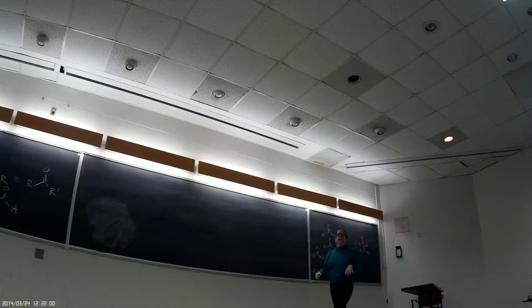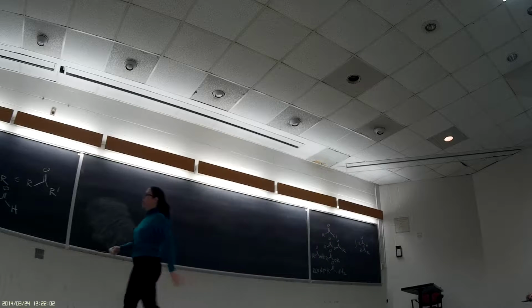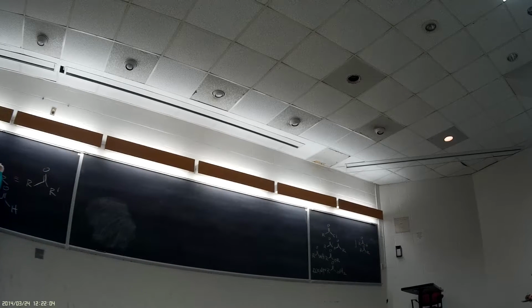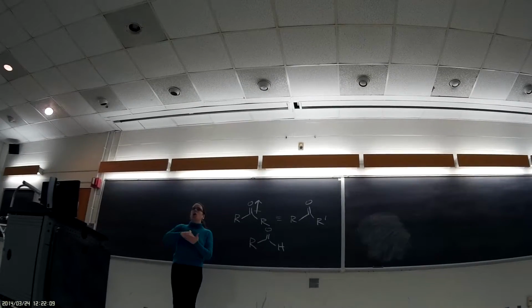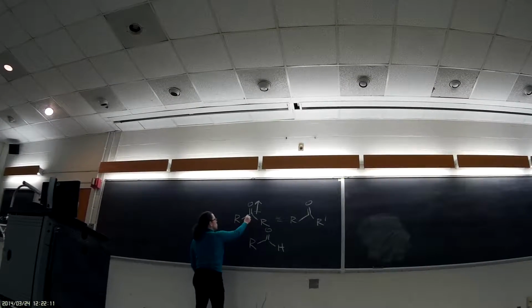Okay? And if we think about how carbonyls are going to react, it's based initially on the bond dipole. The bond dipole present in all carbonyls starts at the carbon and moves out toward the oxygen, which leaves a partial positive center at the carbonyl carbon and a partial negative on the oxygen itself.